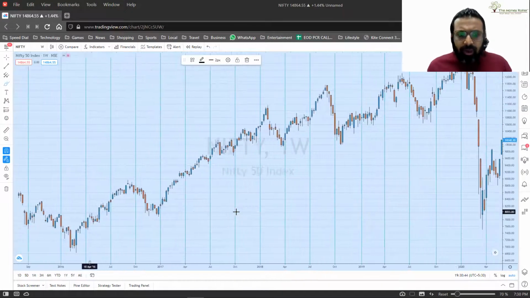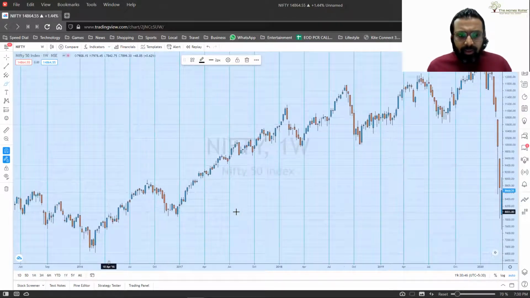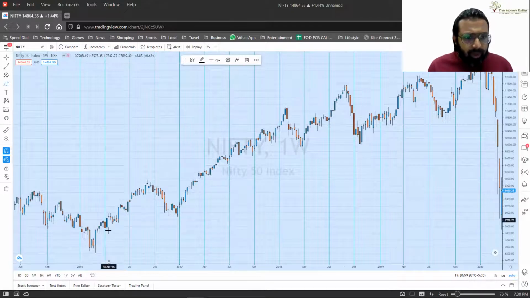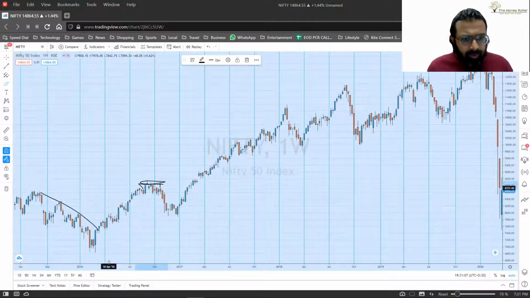Now, how do you identify an uptrend? An uptrend is when the market keeps making higher tops and higher bottoms. So for example, if you're identifying on the weekly time frame, out here the market is going down, then out here it's made a higher top, and this was the bottom, it has made a higher bottom.